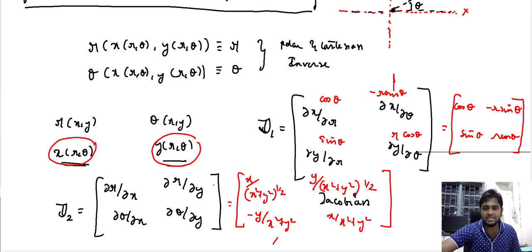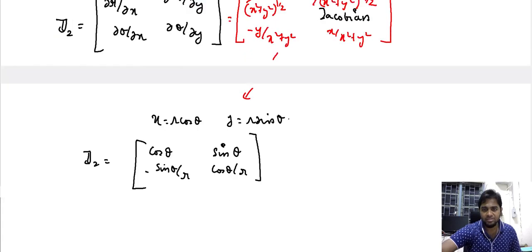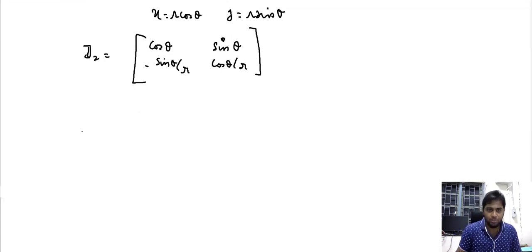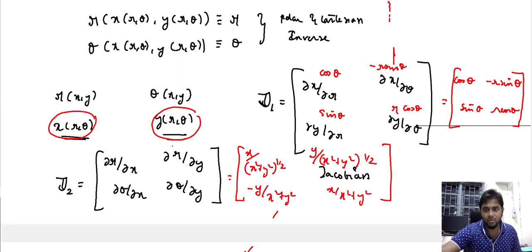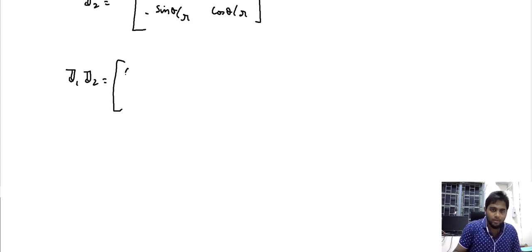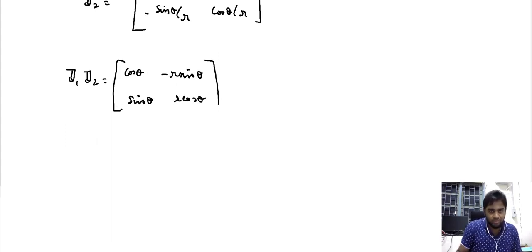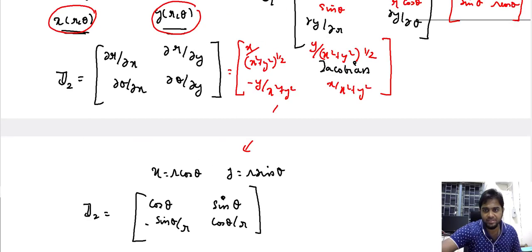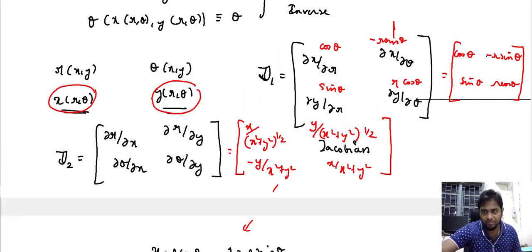Now let us consider the product of J1 and J2. J1 is cos theta, minus r sin theta, and sin theta, r cos theta.